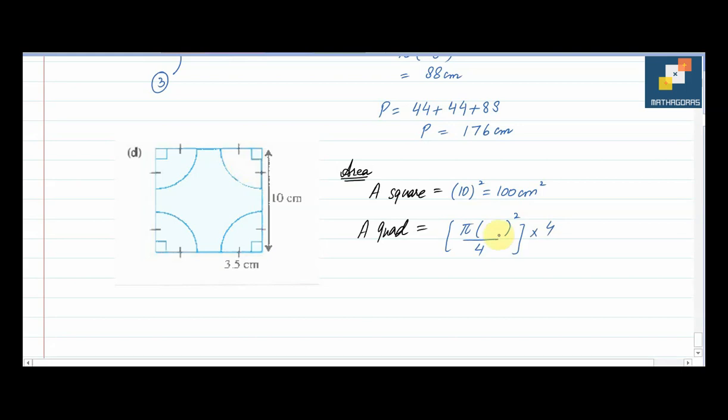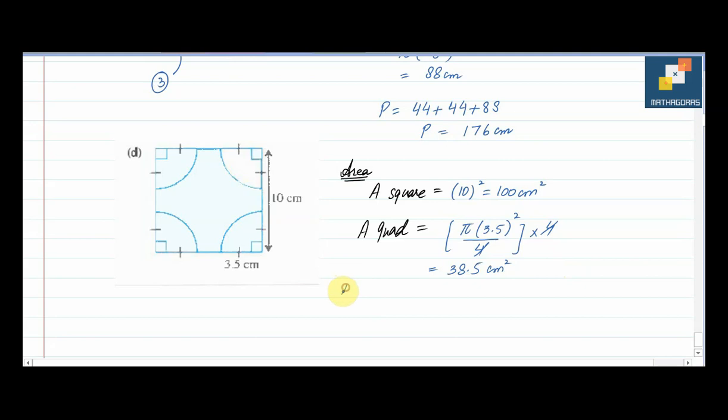The radius of the quadrant is 3.5, no need to divide it by 2. Now this 4 and this 4 cancel. We need to find 3.5 squared multiplied by pi, so its value is 38.5. So the area of the quadrants is 38.5 centimeter square, all 4 areas together.